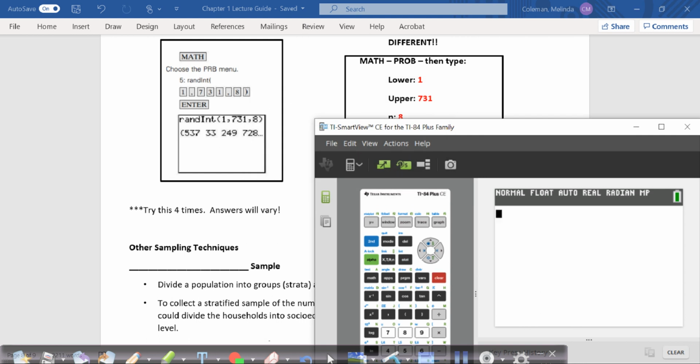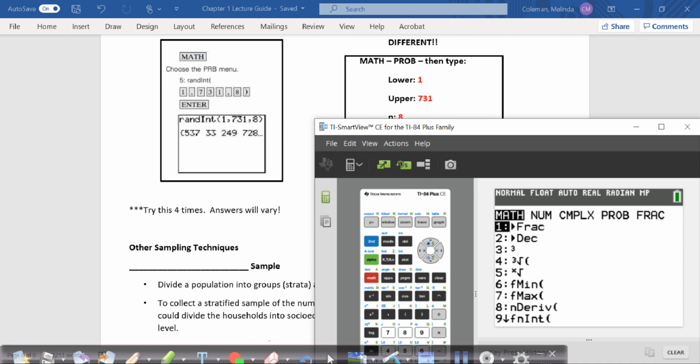Clear here, sorry. Okay, so instead of hitting stat, we're going to hit the math key, which is right here. And now across this top menu, we have a number key, we have complex numbers, we have probability, and we have fractions. We want to look at the probability. So we're going to tab over until we get to the probability.